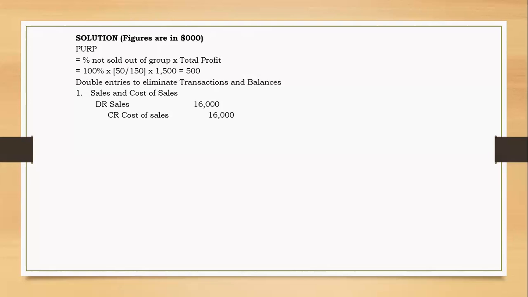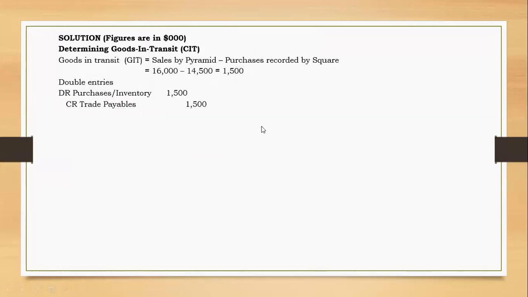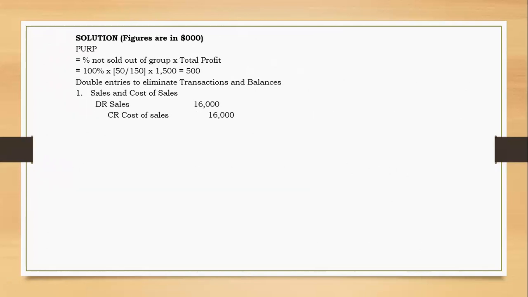If you just come to number one here, you will see this. Look, Pyramid made sales of 16,000, but for Square it only appeared that this was 14,500, but in total it was also 16,000, as we saw here. Here we saw that there are extra purchases of 1,500 that also amounted to 16,000.